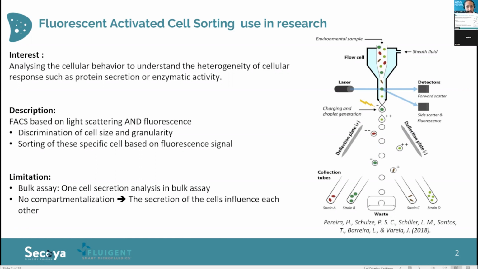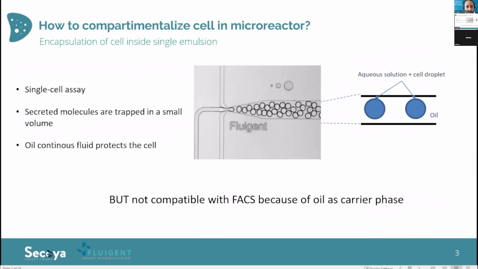basically called single emulsion, that allows to compartmentalize the cells inside microreactors. So the idea is to encapsulate cells inside single droplets, and you have an example here using microfluidic techniques.